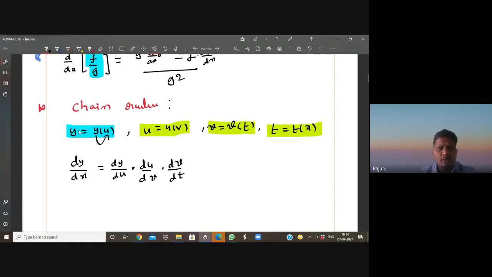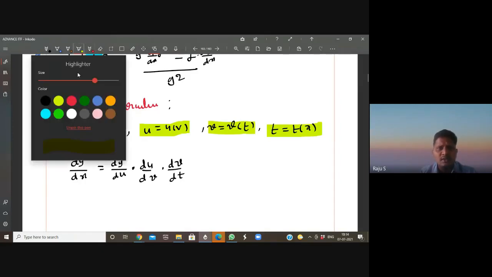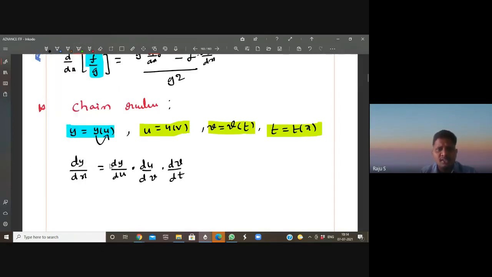Now you can differentiate y with respect to u, and we get dy by du. Here u is a function of v, so differentiate u with respect to v. V is a function of t, so differentiate v with respect to t. Finally t is a function of x. So finally we get dy by dx.